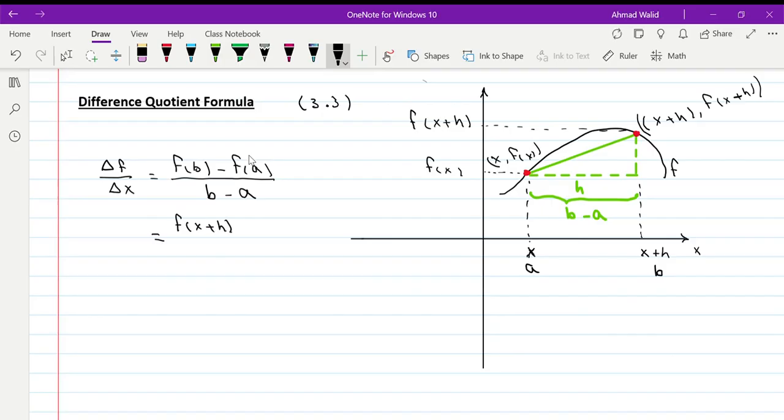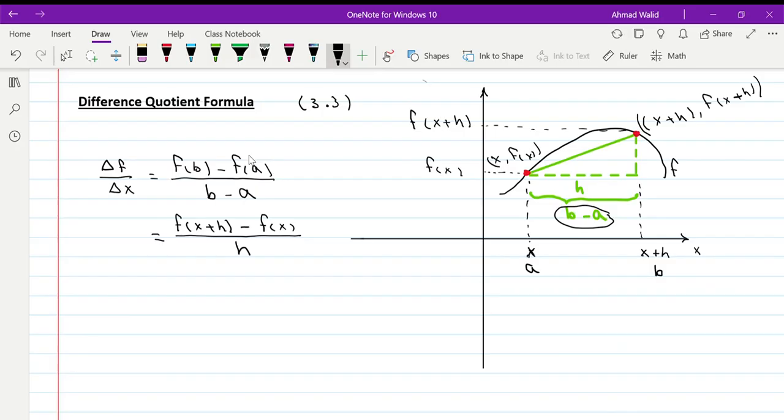And instead of f of a, I have f of x, over, instead of b minus a, because we named b minus a h, I will put an h here. This formula, we call it the difference quotient formula.